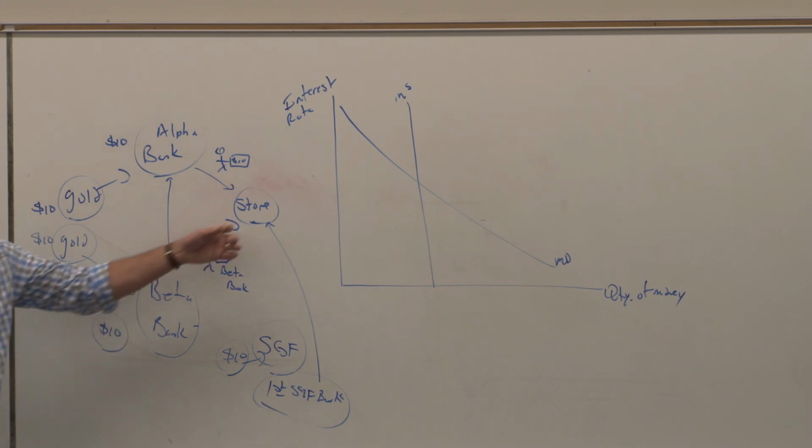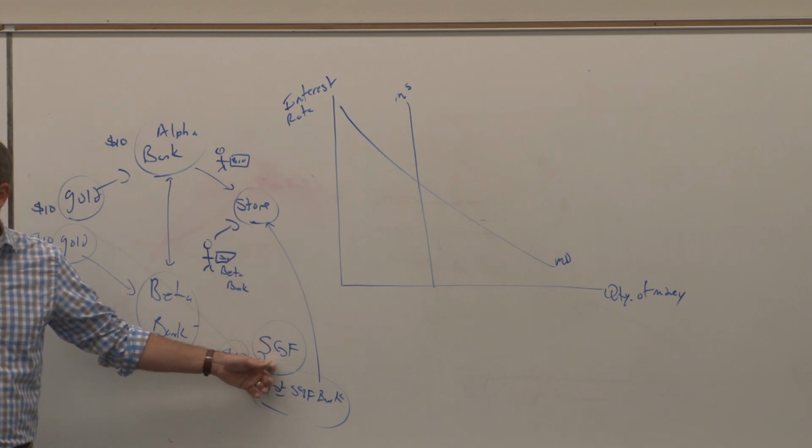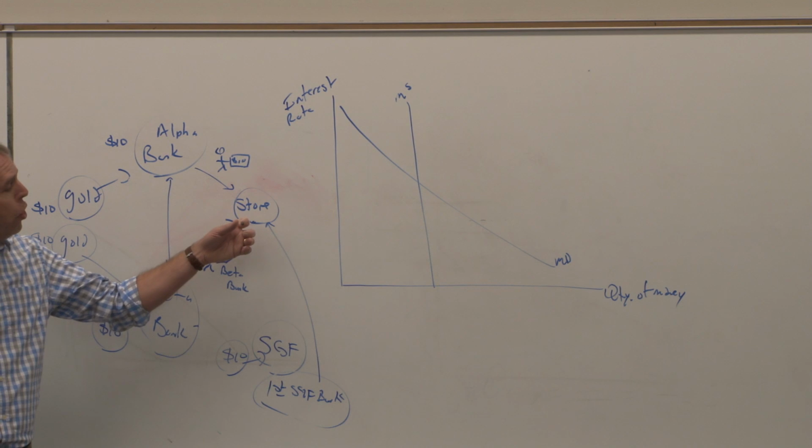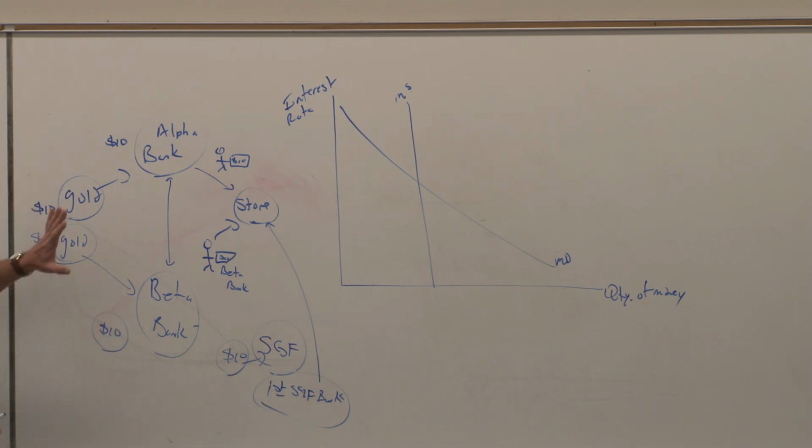There's also no way for the store to know if the bank actually has the gold. And on top of that, there's no way for the store to know if the note is even valid. Maybe it's completely counterfeit. So you had at one time 10,000 different notes that were moving around the country, right?